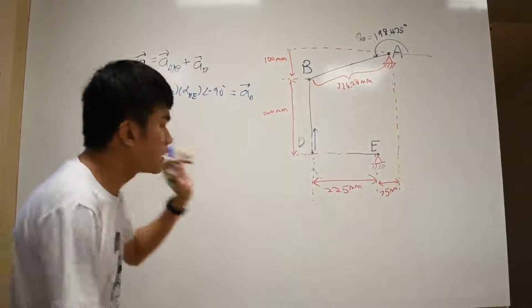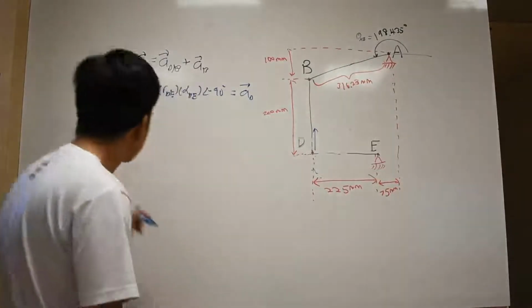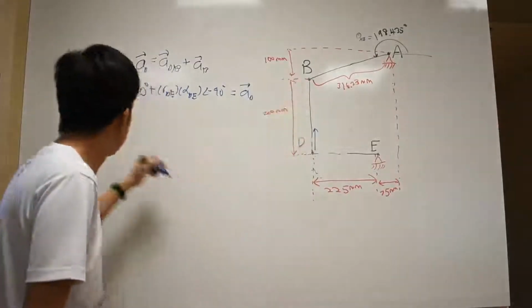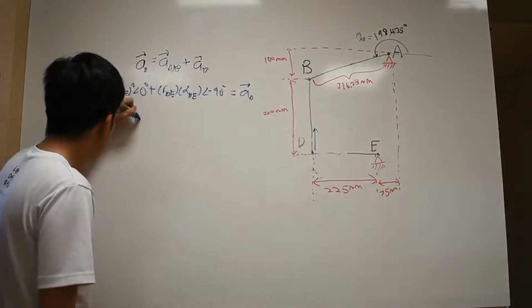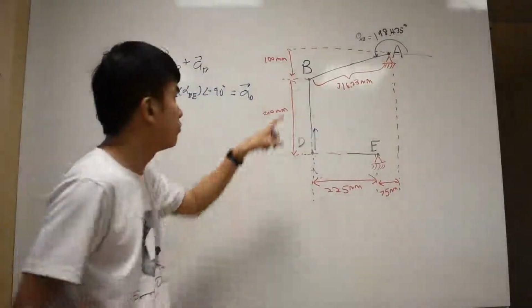What is the magnitude of the centripetal acceleration? The answer is still the same, omega squared r. The r is the distance RBD, and the angular velocity is the angular velocity of rod BD.